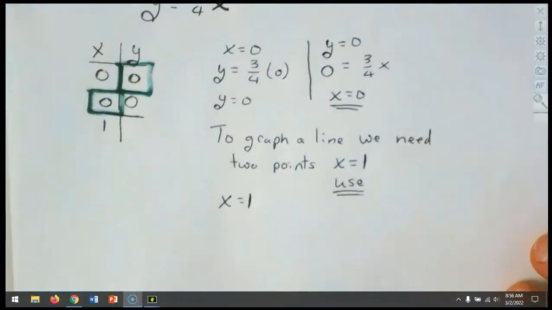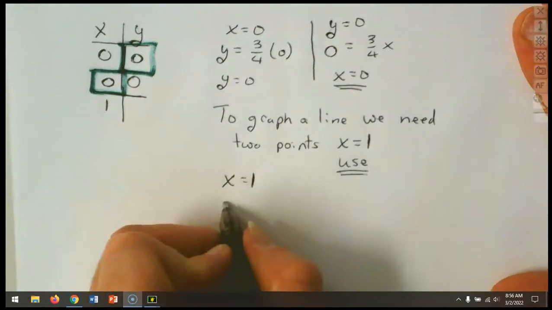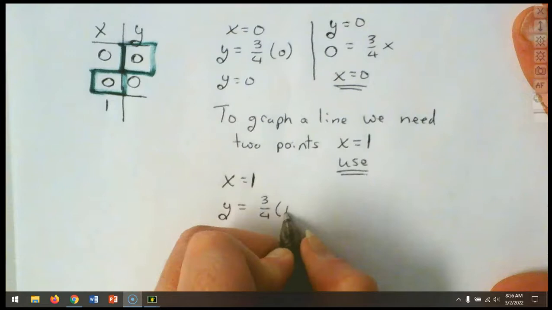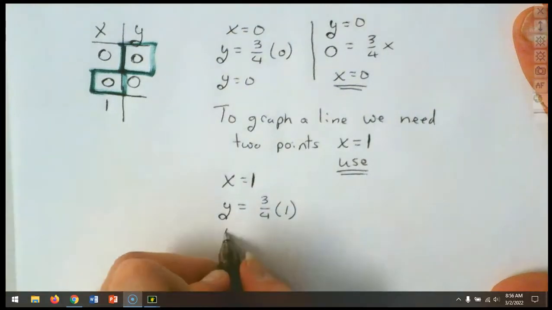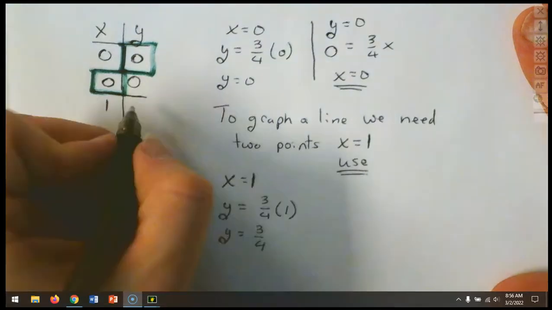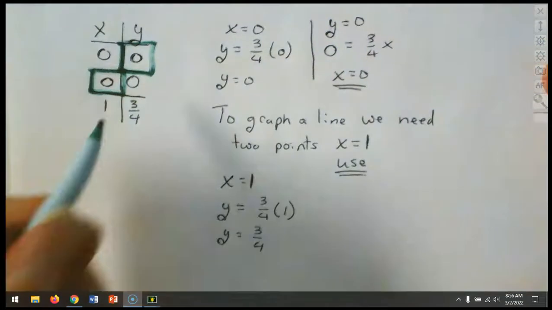And that's okay, because we can graph fractions. We just have to be careful when we do that. So that gives you y equals 3/4 times 1, which gives y equals 3/4.